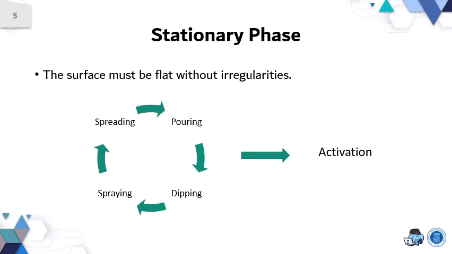First is the stationary phase. To obtain a good separation, the mean particle size distribution and also the morphology of the particles used in the stationary phase must be considered. You also have to note that the surface must be flat without any irregularities.